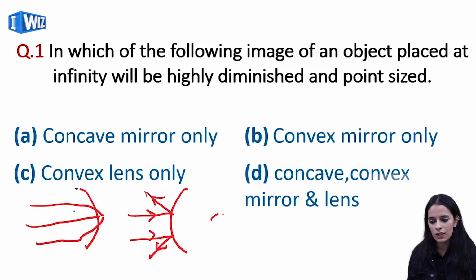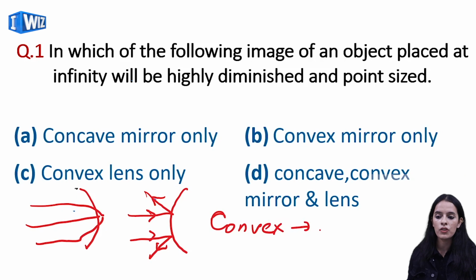If I talk about the concave one, when an object is placed at infinity, it also forms a reduced image. So concave and convex mirrors and lenses all form a diminished, point size image when the object is placed at infinity.